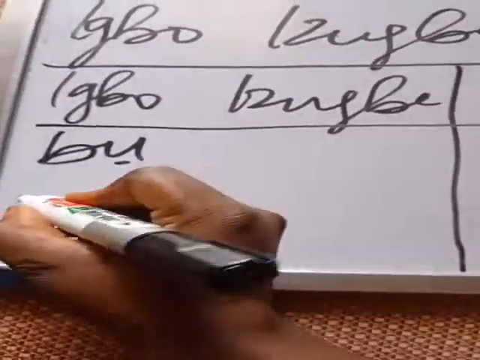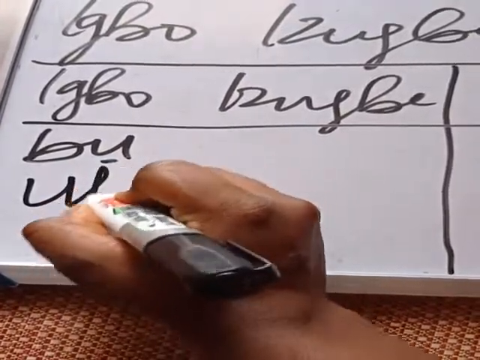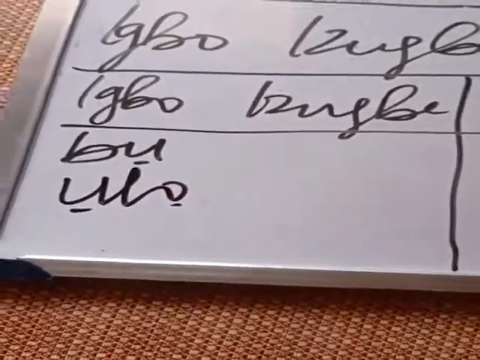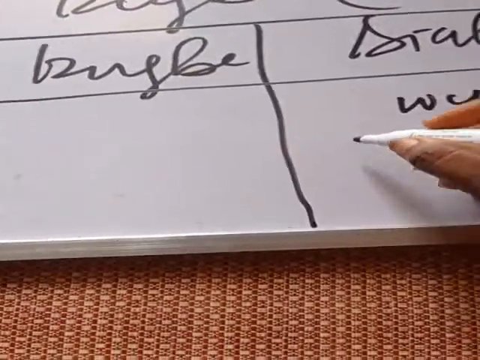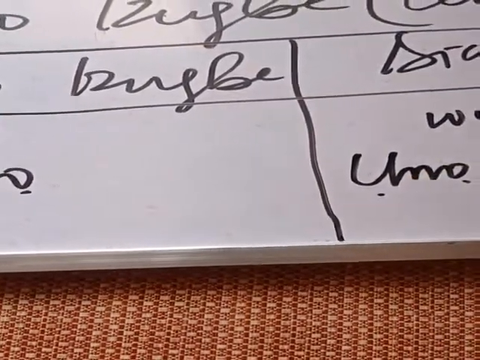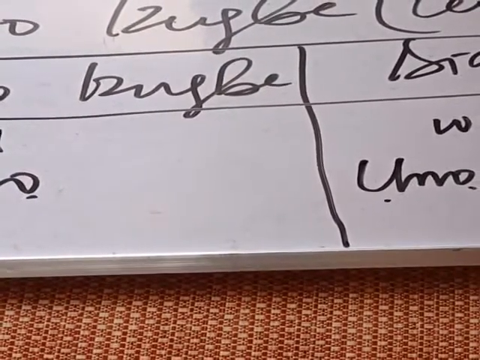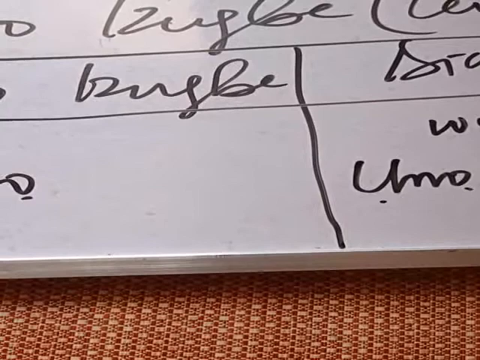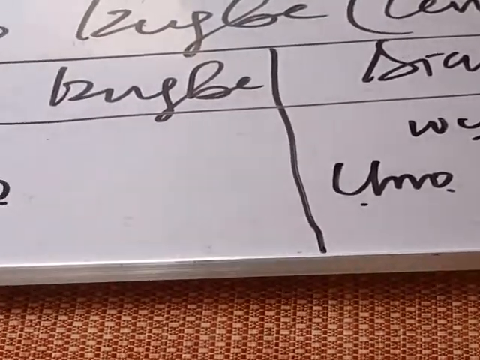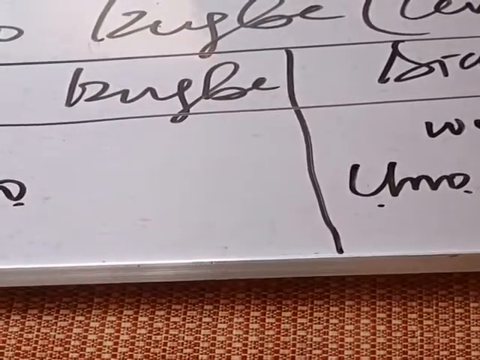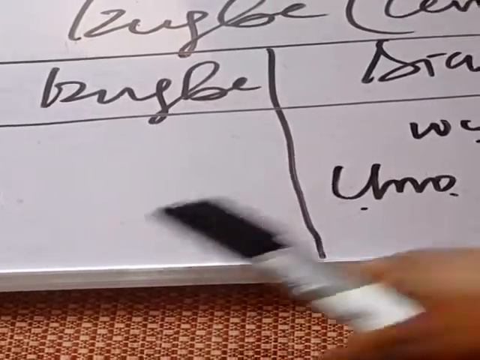Like ezinụlọ: some people say uno, some will say uyo, some will say oyo, and some will say ulo. Where I'm from, we usually call it ulo.